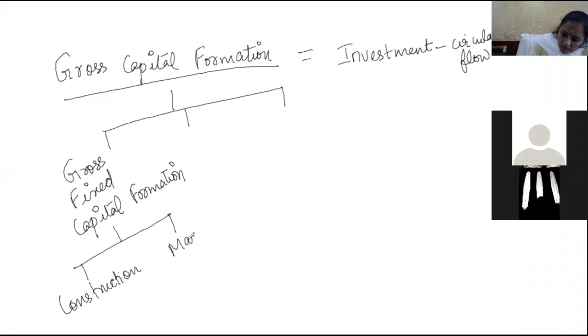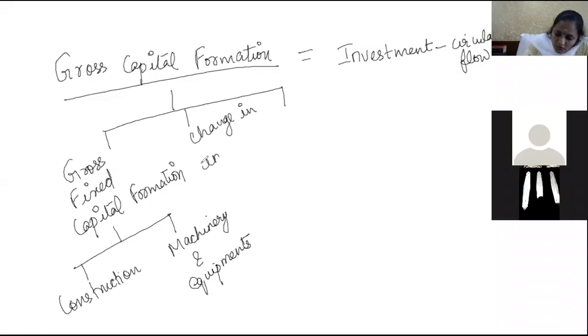Another is purchasing machinery and equipment. If you buy new machinery or equipment, or construct a new place, all of these will be considered gross fixed capital formation. This is the first thing under gross capital formation. The second thing is change in inventory. The third thing is bullion investment.